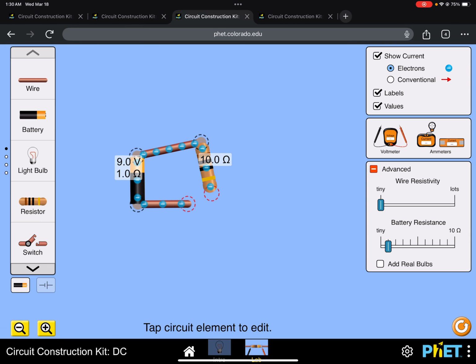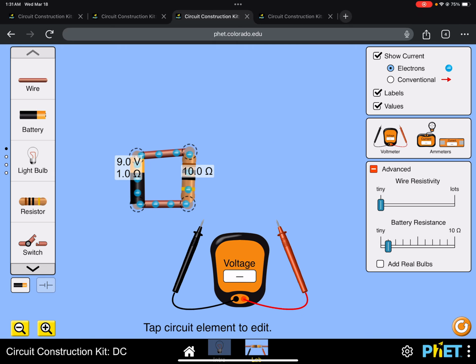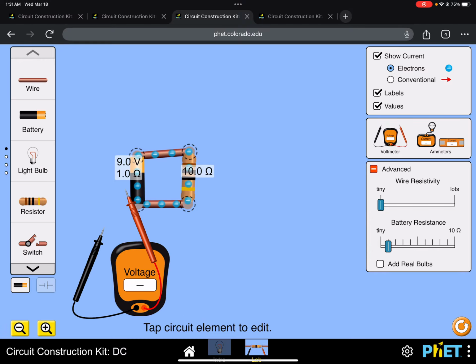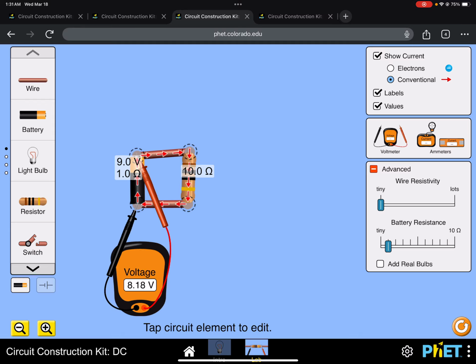If I have a real battery, look at what happens to the terminal voltage across the battery. So here I'm going to get a voltmeter. This is a 9-volt battery, but because the battery has some internal resistance, the terminal voltage is not 9 volts. And that's basically how all batteries work. It depends on the chemistry, and it depends on the load on the battery, but it behaves as if the battery has some resistance inside, which it does.